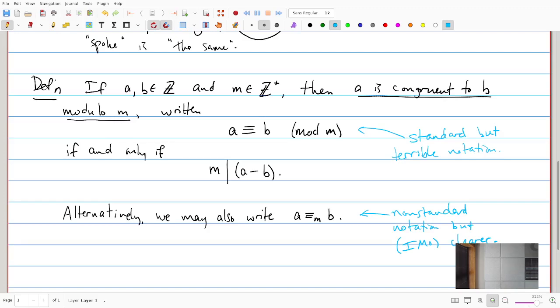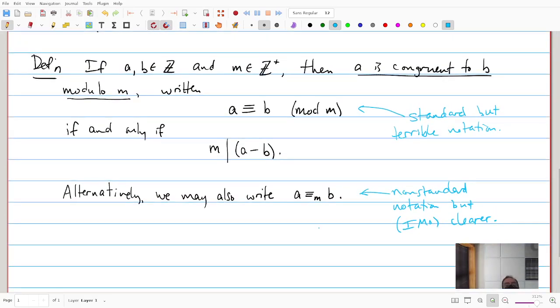You're welcome to use whichever of these notations you wish, like when you're working on a module or something. But I at least have to tell you about that notation because you might see it other places and you just need to be aware. Cool, so we talked about that. All right.